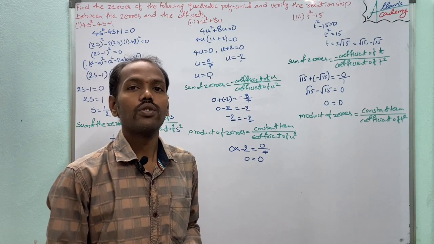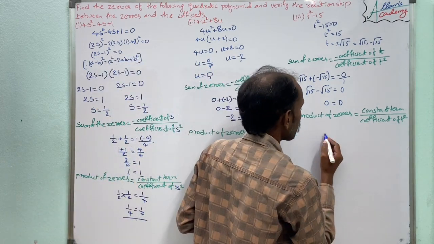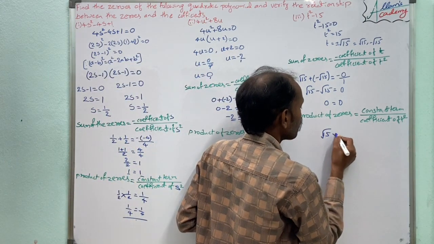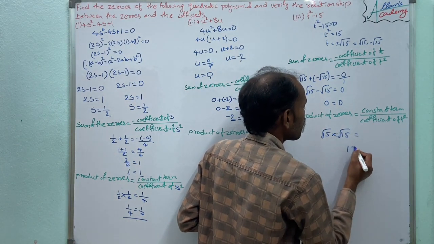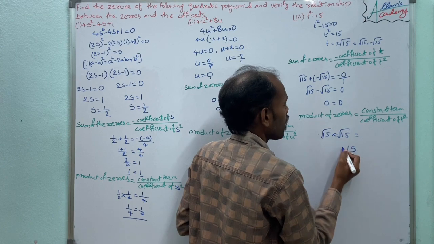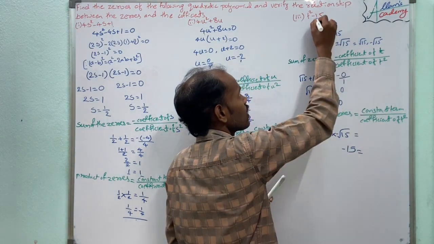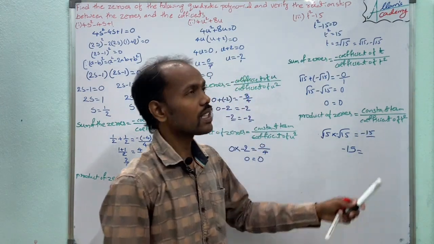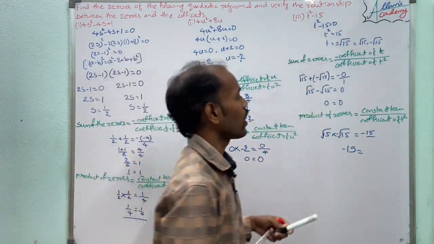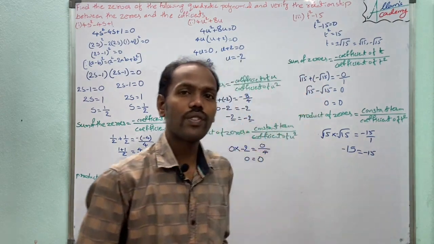So the product of the two zeros: root 15 into root 15 is nothing but 15 only, and plus into minus means minus 15, and here the constant term is minus 15 and the coefficient of t square is 1. So minus 15 by 1 means minus 15.